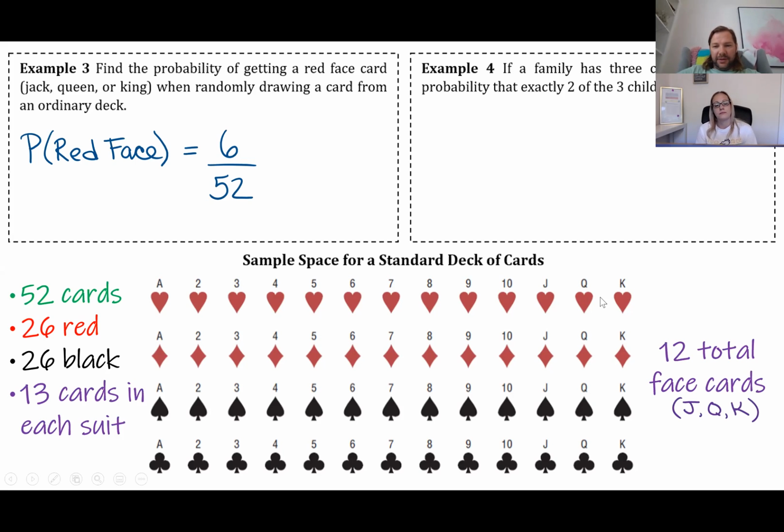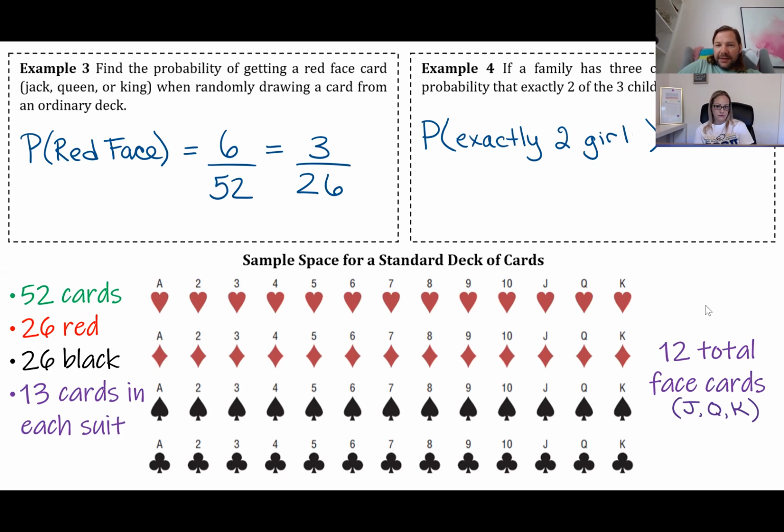That's the jack, queen, king of hearts and jack, queen, king of diamonds. And there are 52 cards total. So again, you take the number of things in your event divided by the number in the total sample space. The total sample space was 52 cards, and the red face cards are 6 of those. So you get 6 over 52, or you can reduce that to 3 over 26.